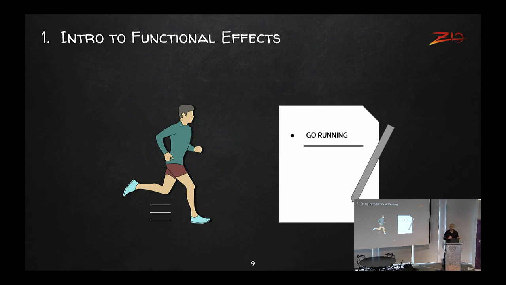If we want to turn that into a value, then instead of doing something, we're going to turn that into a description of doing something. So instead of going running, for example, if we want to turn that into a value, then we'll have a piece of paper that says go running on it. Only in Scala, we don't actually write it on a piece of paper. We end up building a data structure that describes the act of going running.